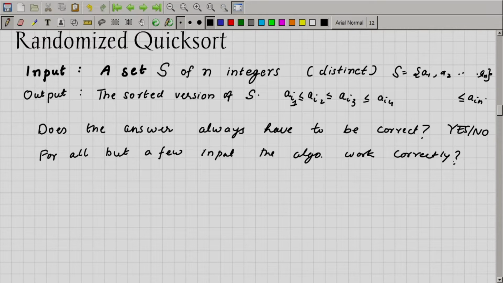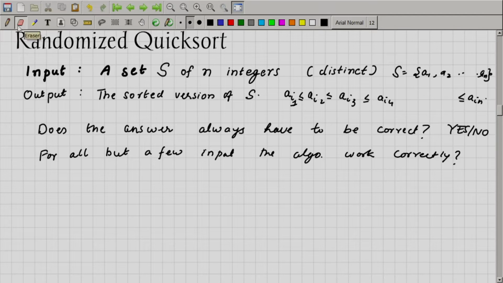Think about these questions, and that will help us understand what exactly are the input-output characteristics that must be satisfied by a randomized algorithm. Let me describe the randomized quicksort algorithm, and then we will again revisit these issues.